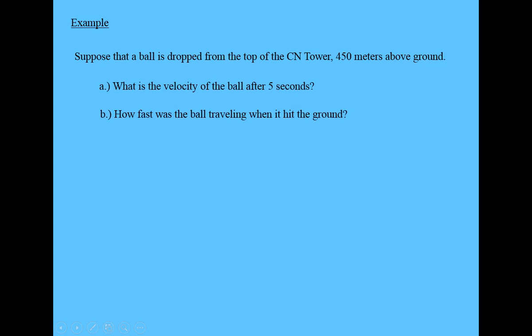An example: suppose that a ball is dropped from the top of the CN Tower, 450 meters above ground. What is the velocity of the ball after 5 seconds, and how fast was the ball traveling when it hit the ground? Now, we looked at this problem earlier when we were estimating the slope of the tangent lines by using our secant lines. But now we should be able to refine this process using our limits.